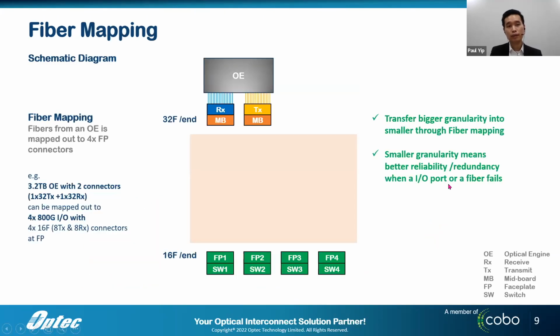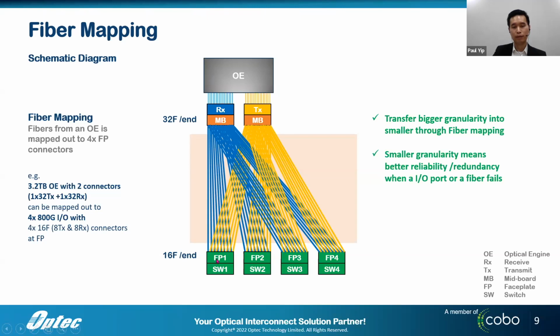I would like to go through fiber mapping a little more. If we look at the OE, we typically see, for example, 32 fiber ends per RX and TX. From this midboard, we can break out all these fibers to 4 different connectors going to the faceplate.